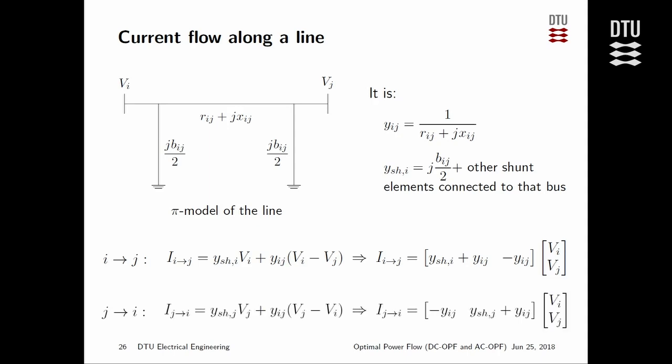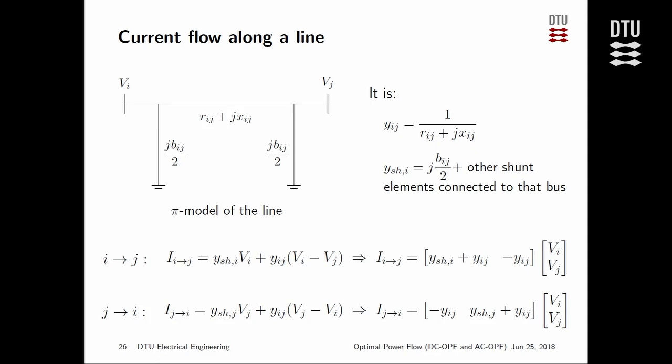What I want to say here is that from J to I, this part is exactly the same, with a minus. What's not the same is this part here. This is y shunt j times vj, and this is y shunt i times vi.